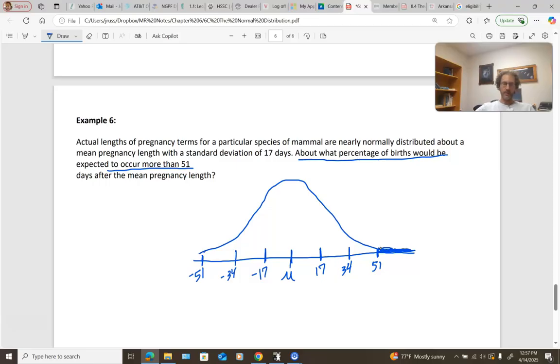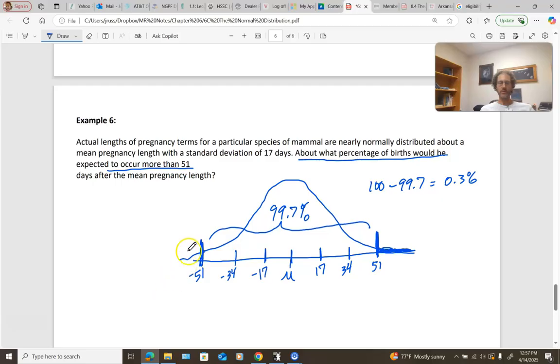So that rule tells us that from 3 standard deviations below to 3 standard deviations above, we have 99.7% of the distribution. Okay? So then what would be in the 2 tails? Well, whatever 100 minus 99.7 is, which is 0.3. So 0.3% of the distribution is in these 2 tails. But what's in just one tail?